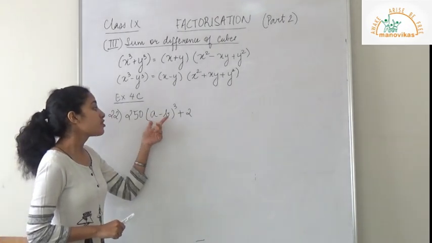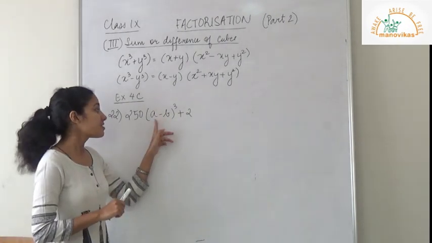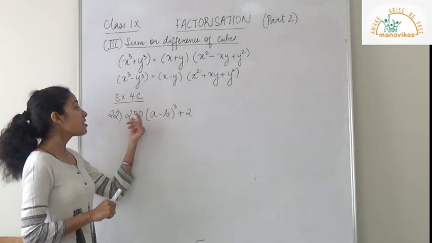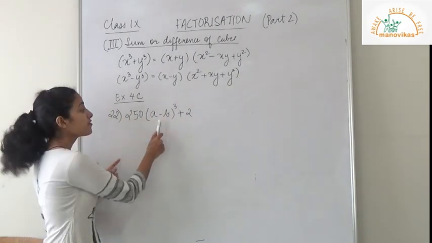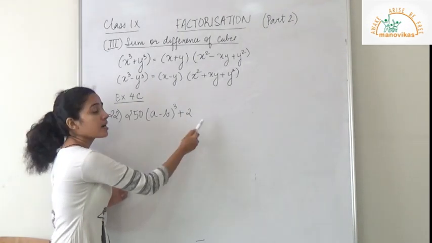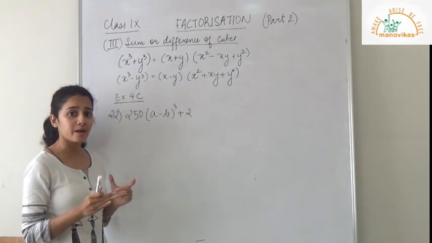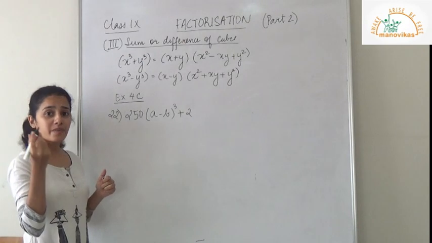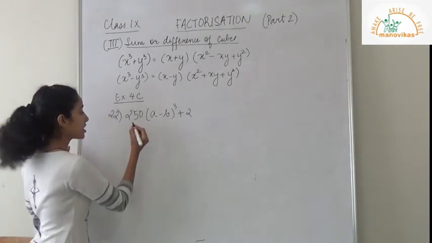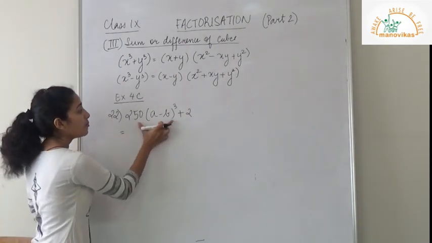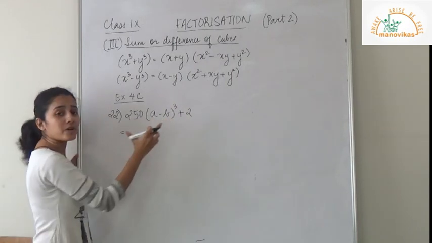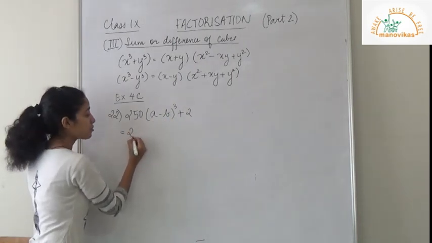Let us take another example from the same exercise, problem number 22. Now note that the term over here which has a cube is a bracket, and note the coefficients of the cube term as well as the other term is not the cube of any number. So we use the first method that we had learned in the previous video, that is we take out a common factor. Between these two numbers, the highest common factor is 2 itself.